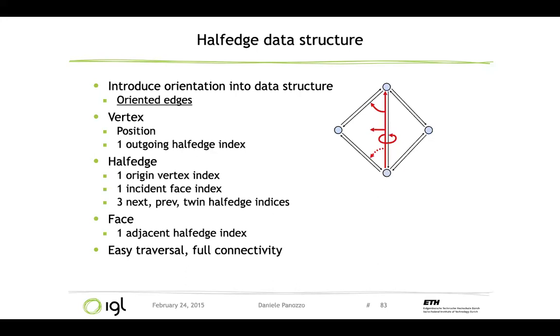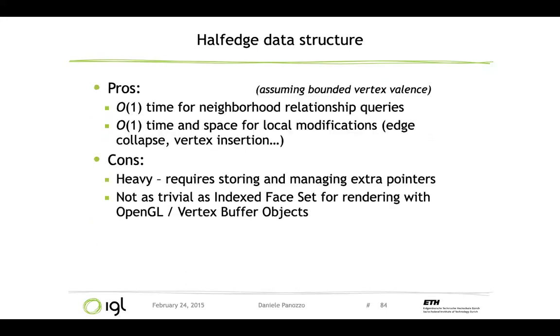And with this, you can do everything very efficiently. It's the best compromise for orientable surfaces. Almost all relationships you can query in O(1) time, and modifications you can also do in O(1) time.